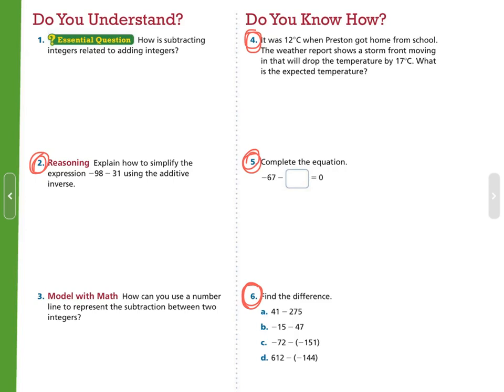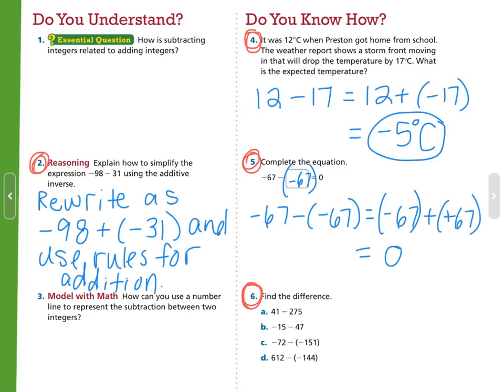Now I'd like for you to try questions 2, 4, 5, and 6. Pause the video while you try to complete the questions, and then come back and restart the video to look for the problems, explanations, and answers. First, I want to give you a few moments to check your work and answers for questions 2, 4, and 5.